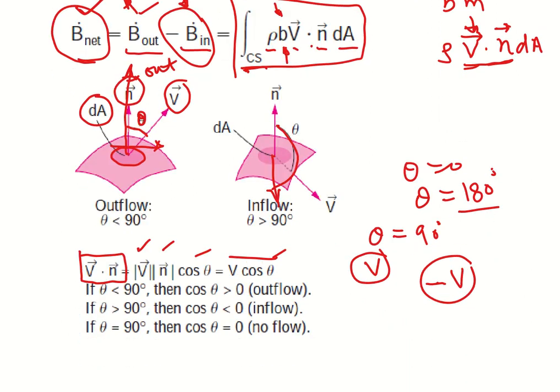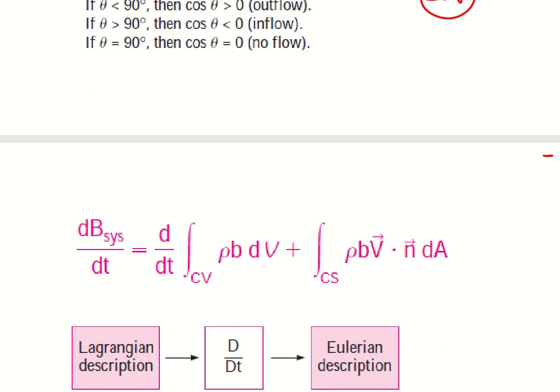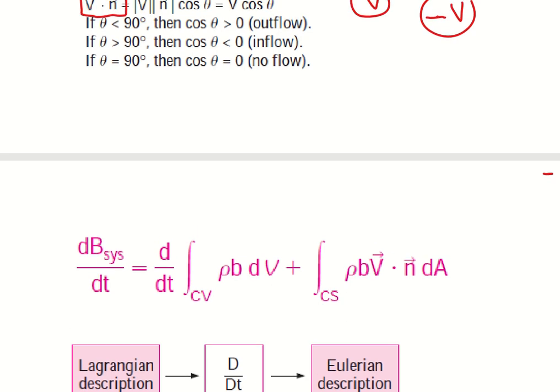Now with the help of this definition, the Reynolds transport theorem can be written in this format: dB system over dt is equal to d over dt of the integral over the control volume of rho b dV, for infinitely small volume dV, where b is the corresponding intensive property, plus what we have just discussed, the net rate of flow of that extensive property at the surface, which is represented by the integral of rho b v dot n dA.